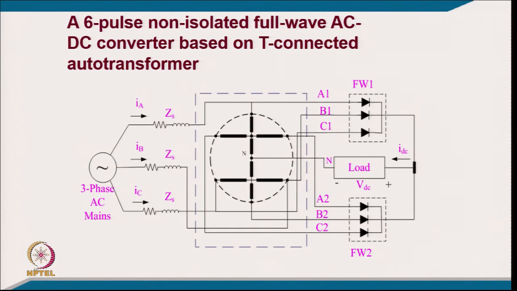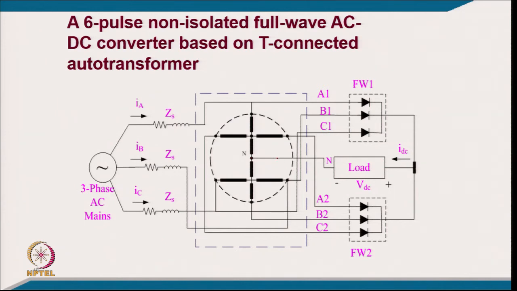So all these 4 connections, if you look into them, this is non-isolated, meaning you do not have isolation, you are using an auto connection, and you are converting the 3-phase supply, where you give 3 phases here which go directly to the output, and the remaining 3 phases you generate with the help of this T connection of the transformer. You can see all the 6 phases with respect to the neutral, where one point of the load is connected.